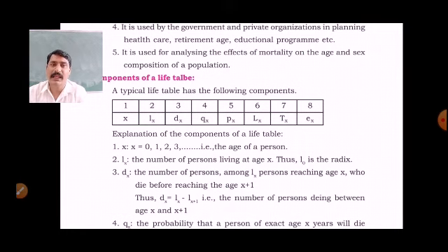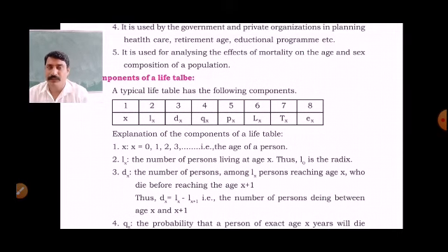Okay, and lx is the second column. That is the number of persons living at age x. So age 0 means newborn babies, they are 1 lakh. Usually in one table we put 1 lakh children. So at age x0, l0 is 1 lakh.